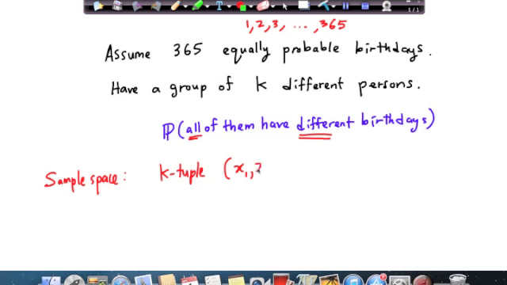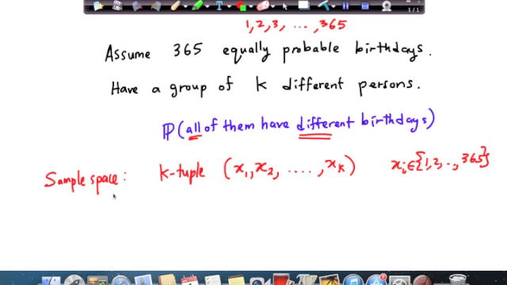The second entry is the birthday of the second person, denoted by x2, and so on up to xk. So we have k entries, each one corresponding to a person, and each xi is taken from the set 1 up to 365. So these are all the points in our sample space.